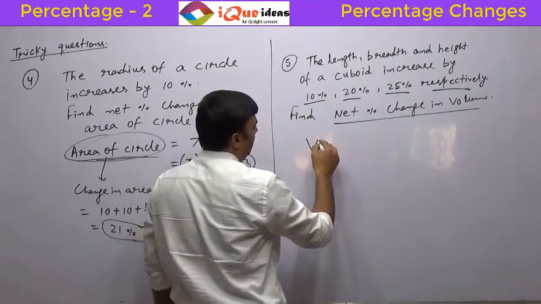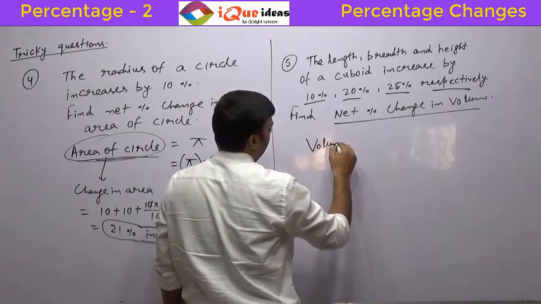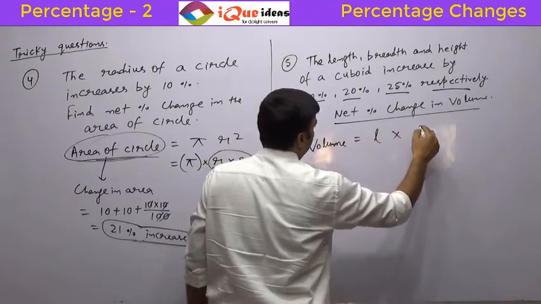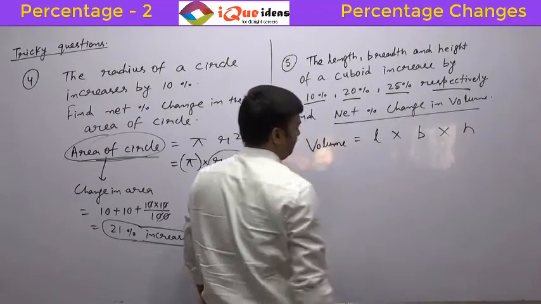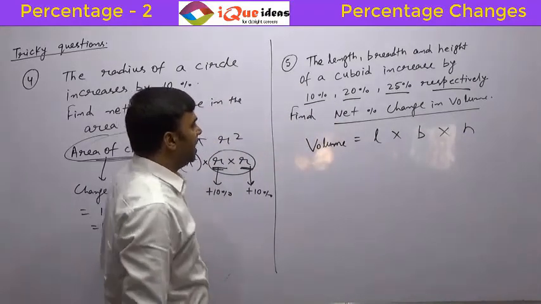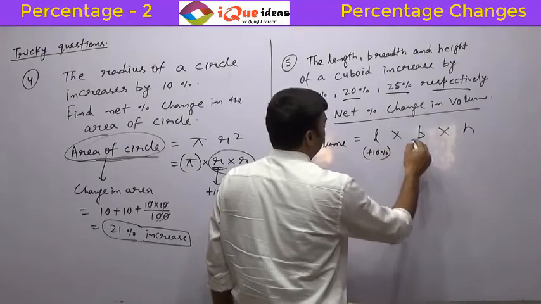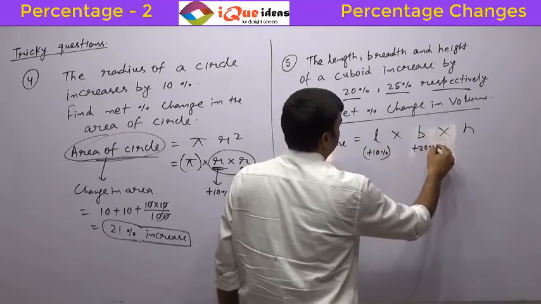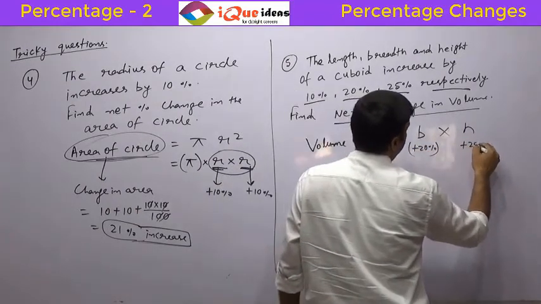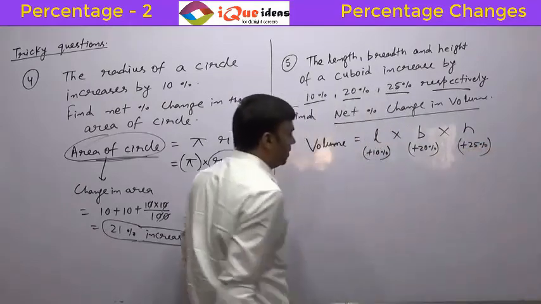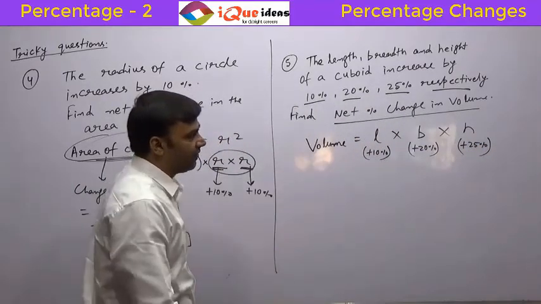We know that the volume is equal to length into breadth into height. Alright, so what we will do is, it's given that the change in length is plus 10%. The change in breadth is plus 20%. The change in height is plus 25%. So for three changes we don't have a direct formula.